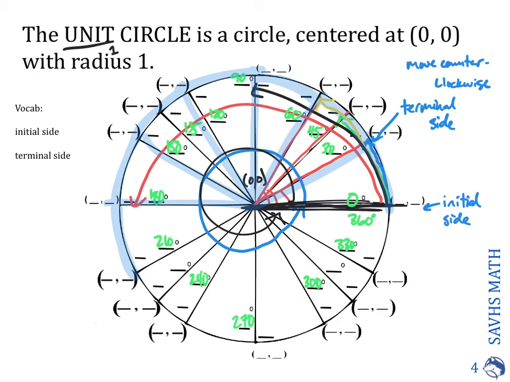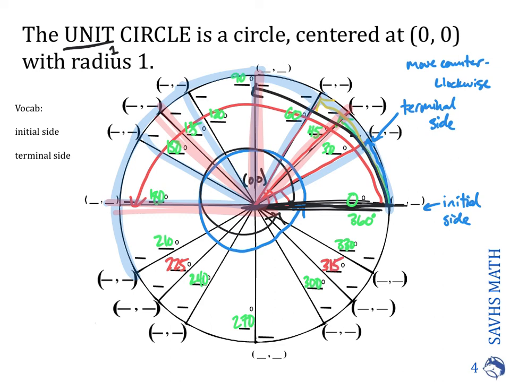Now, if we go back and do going by 45s, that would be here 45, and then 90, and then 135, and then 180, and then 225, and then 270, and then 315, and then 360.